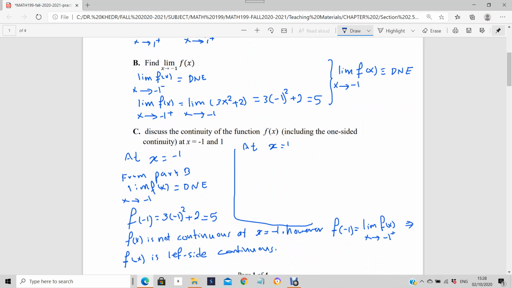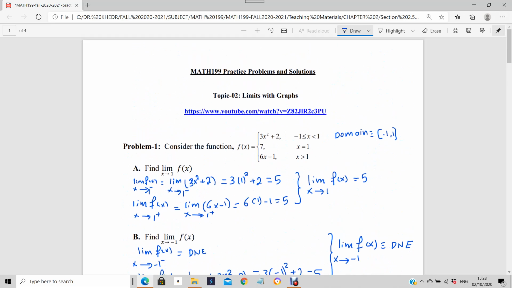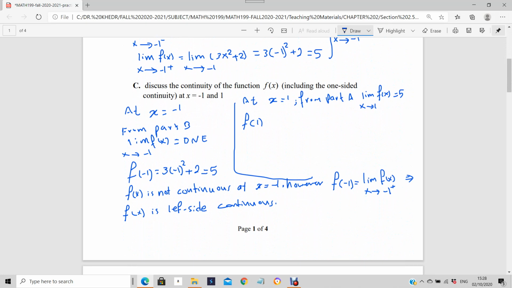So from part A, the limit of f of x as x goes to 1 equals 5. How about the value of the function at 1? Okay, let's go back to the function. At x equals 1, the value of the function is given as 7. So f of 1 is equivalent to 7.